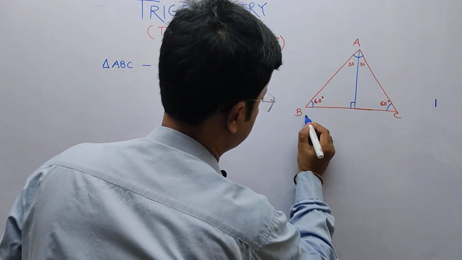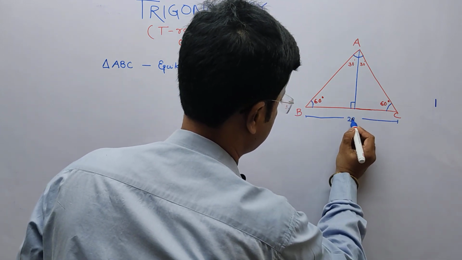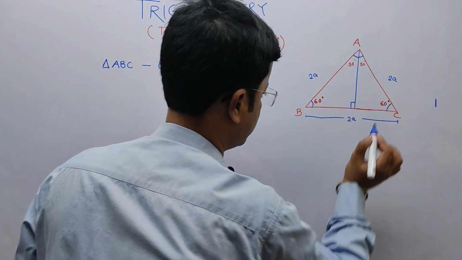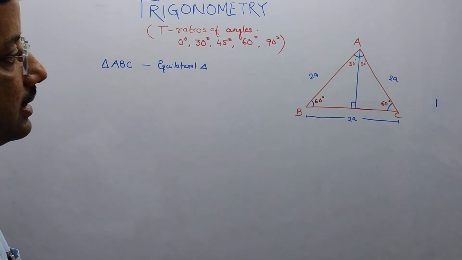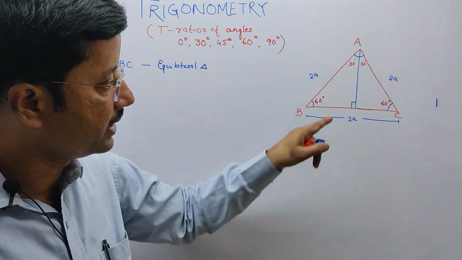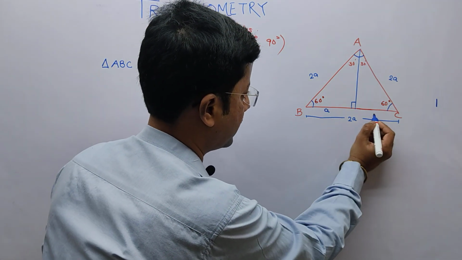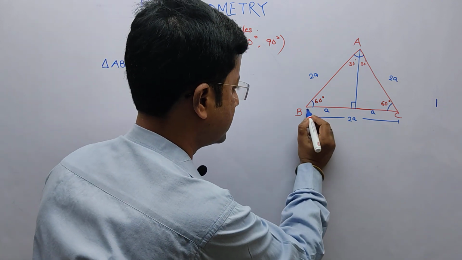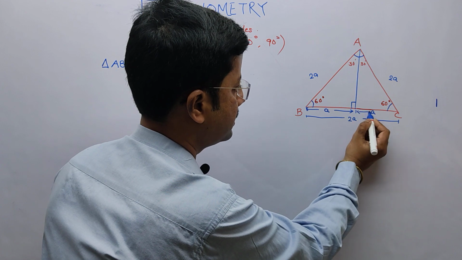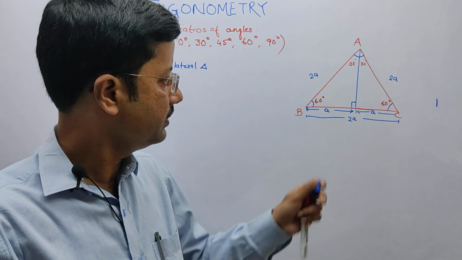So since it is an equilateral triangle, we are taking all the sides to be the same. 2A we are taking as sides, we can take sides as A also, but for making it convenient for our calculation, because this perpendicular divides the sides into two equal parts, so we can easily write here the two different parts as A and A, and our calculation can be a bit easy. Otherwise you are free to take A also. We can take A also, then it will become A by 2.